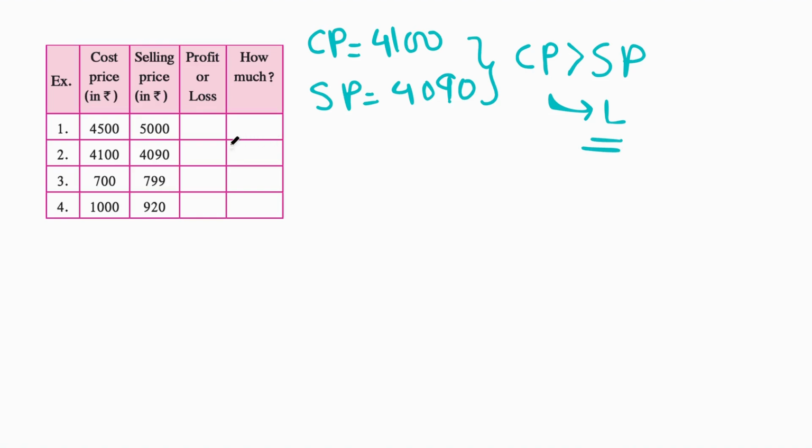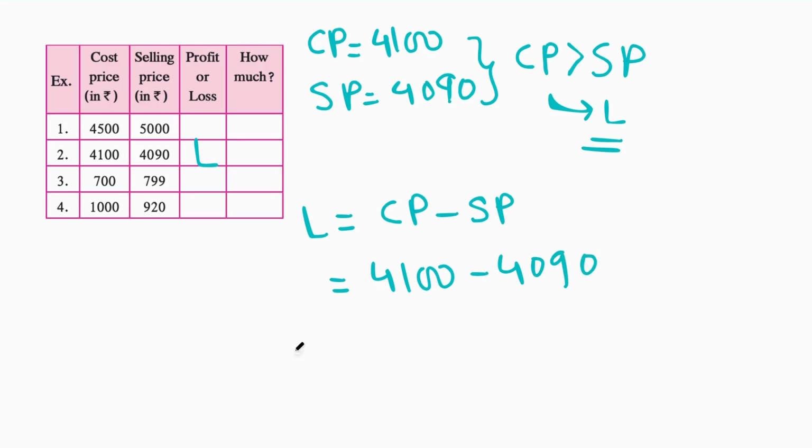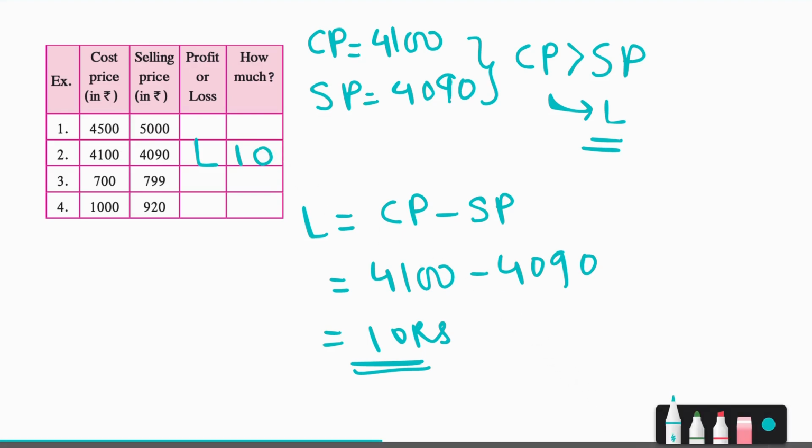So we understood it was a loss. Now we have to calculate how much loss. So loss equals cost price minus selling price, which gives us 4100 minus 4090, which gives us an answer of rupees 10. That means in the second question there was a loss of 10 rupees. Okay, easy, right? Now let's jump on to the third one.